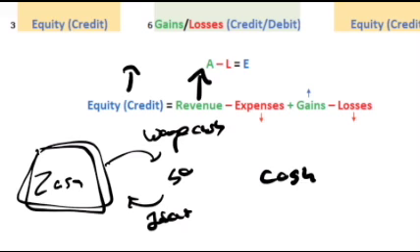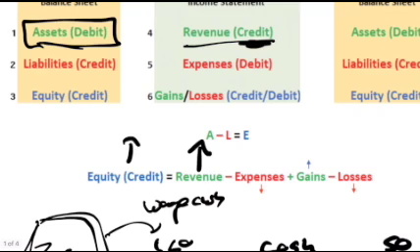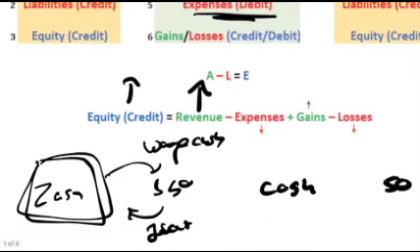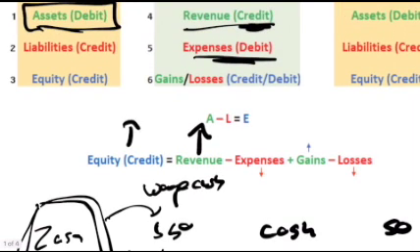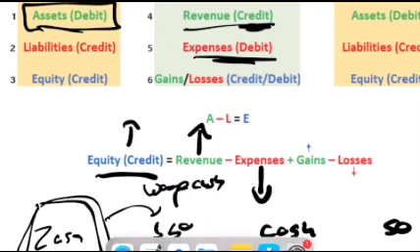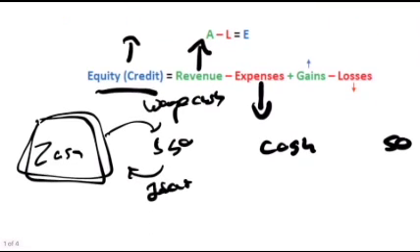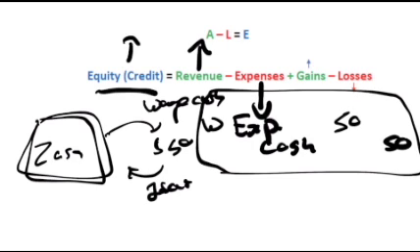Let's say this cost $50. I'm losing cash through a credit, and I incurred an expense because wages would be classified as an ordinary business expense, so I would decrease the value of my company. Therefore, because the value of my company is a credit, expenses would be represented through a debit. So I would debit expense, or I suppose I can name it wage expense, $50. So there we have our entry.